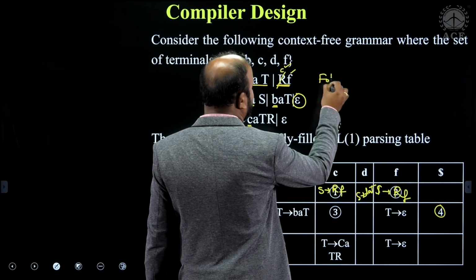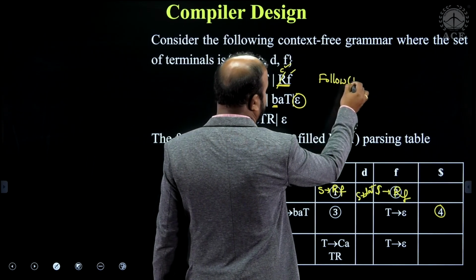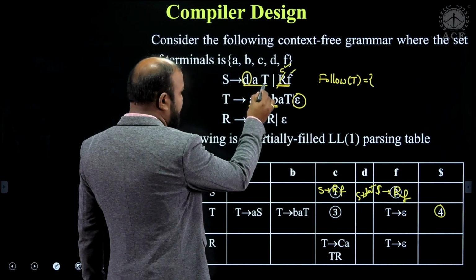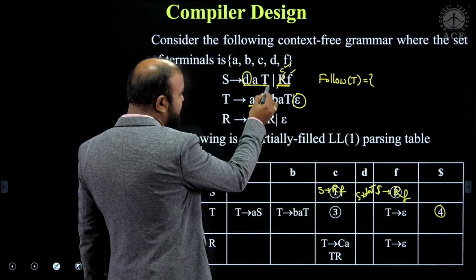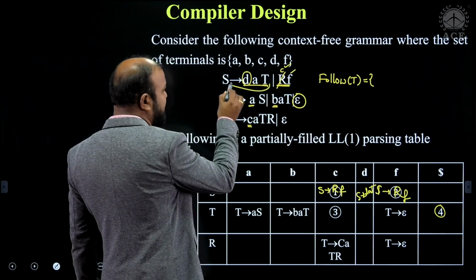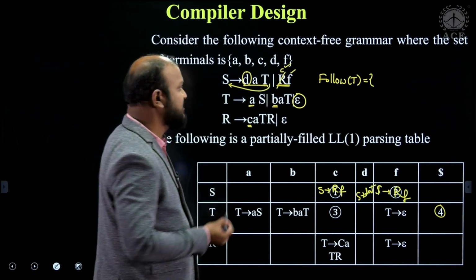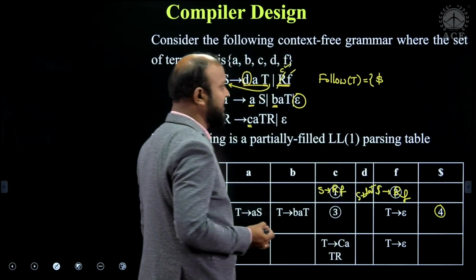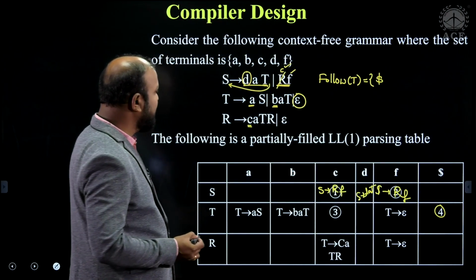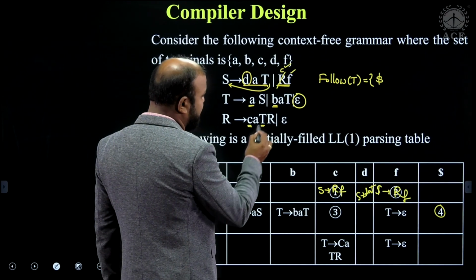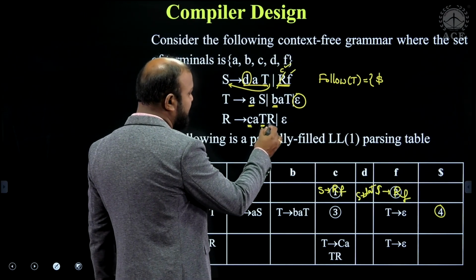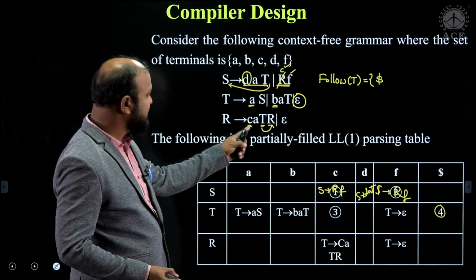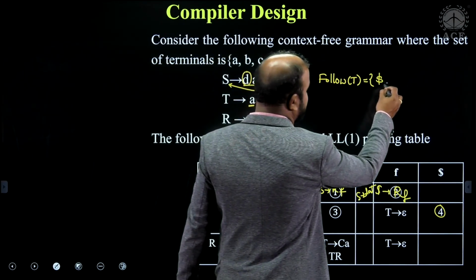Find what is follow of T. Here you observe, after T you don't have any symbols, it means follow of T is follow of S. As we know that S is the starting non-terminal, follow of S is dollar. And here you also observe T is followed by first of R. What is first of R? C. So you write C here.